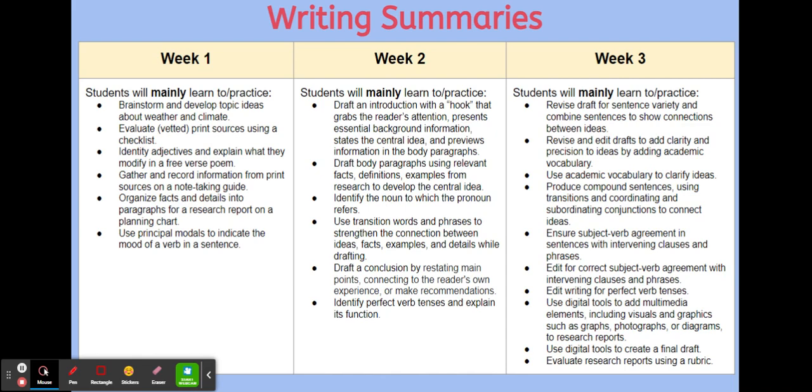Students use transition words and phrases to strengthen connections between ideas, facts, examples, and details. Then, finally, draft a conclusion by restating the main points, connecting the reader's own experience, or making recommendations. During week 3, students will revise, edit, and publish their final piece using digital tools, including visuals and graphics.